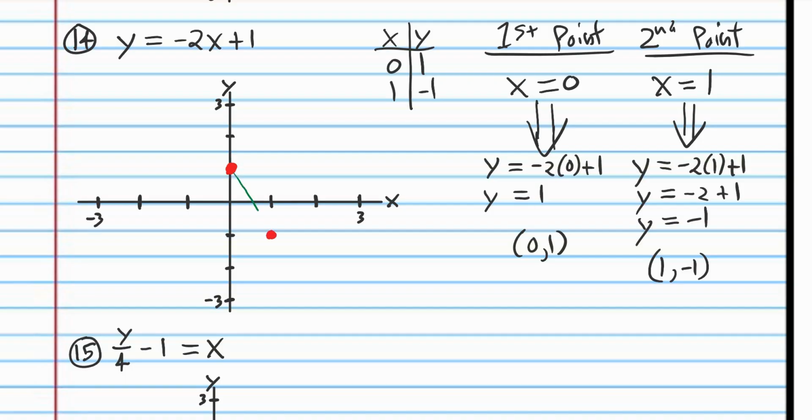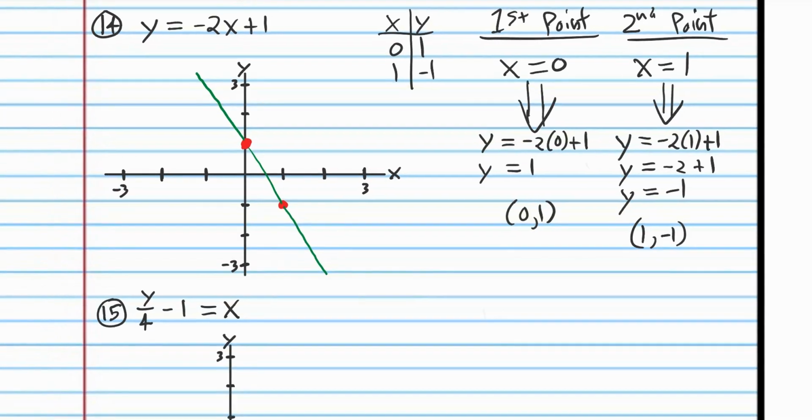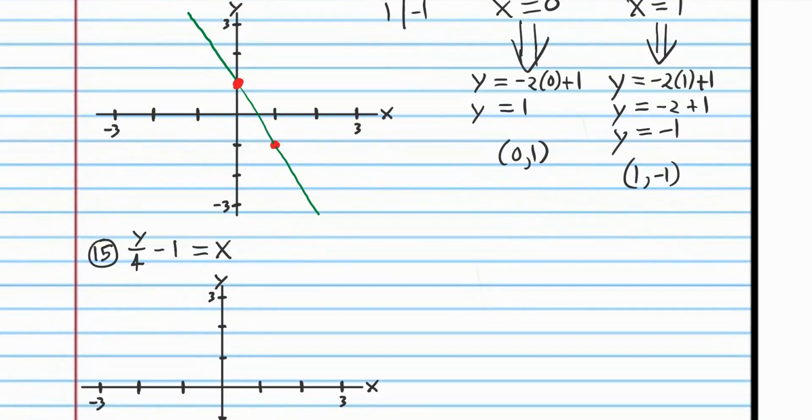So plot those 2 points, and again, you may have different coordinates that you graphed. That's okay as long as the line looks correct. Then you got the right answer. All right. So if you did that correctly, good job.